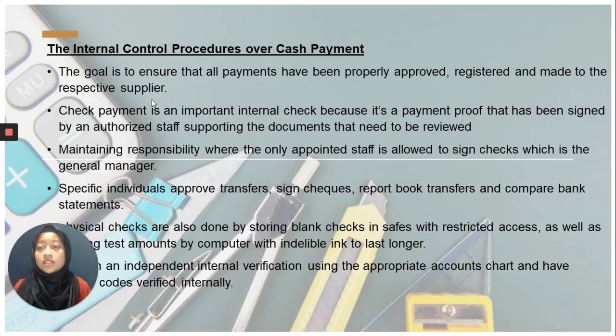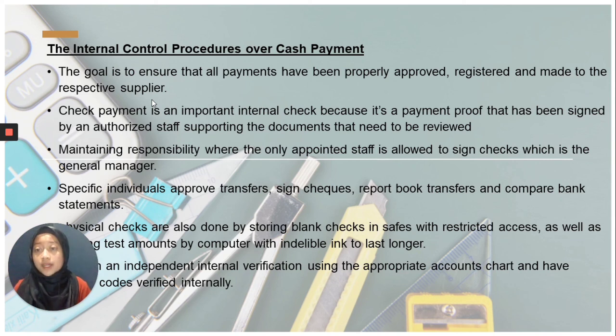So next is the internal control procedure of the purchase payment. The goal is to ensure that all payments have been properly approved, registered, and made to the respective supplier.